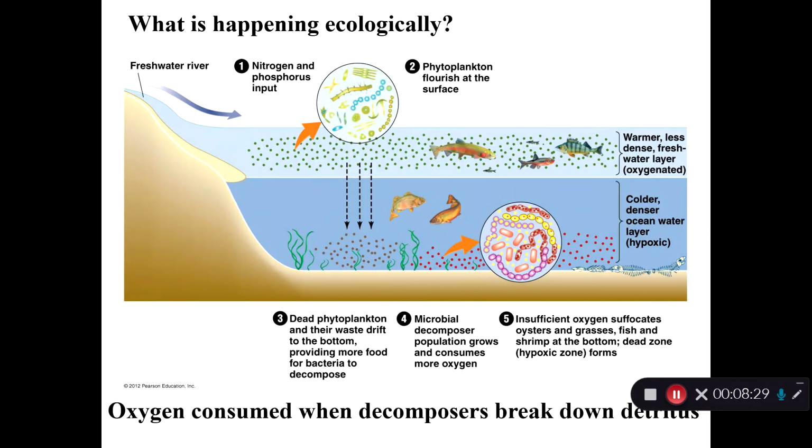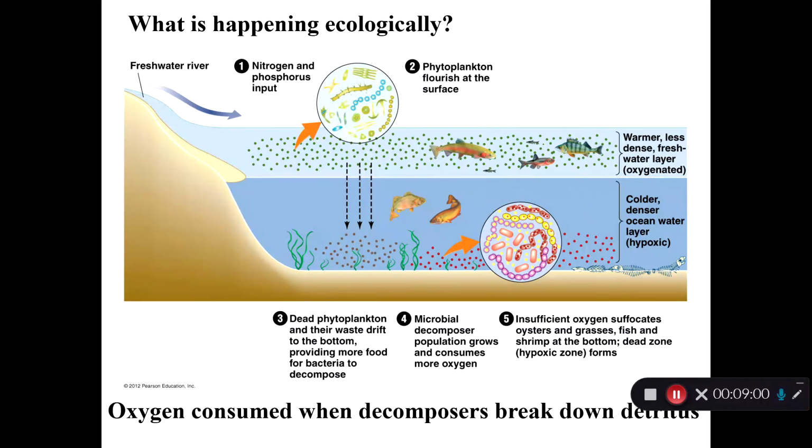So what then happens ecologically when we get nitrogen or phosphorus coming in to a system? Well, here we have a freshwater river coming into a lake or an ocean. And the first thing that happens is you get that bloom in the phytoplankton. So it makes sense that because nitrogen and phosphorus are basically like plant fertilizers, right?